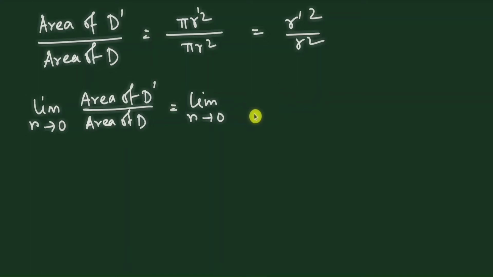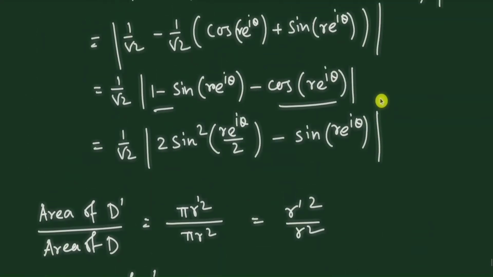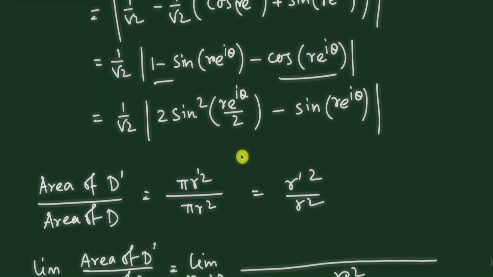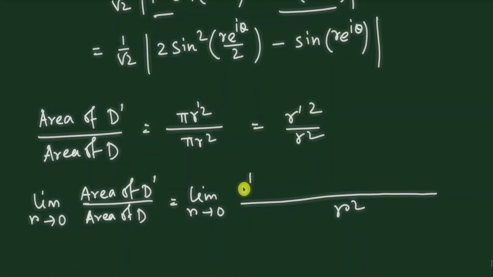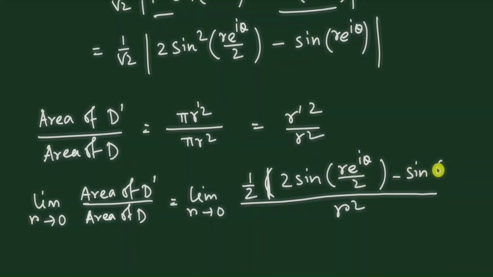Now r square we simply put in, and r dash square is 1 by 2 into this square, so we can write 1 by 2 into the mod of 2 sine r e to the power iota theta by 2 minus sine r e to the power iota theta, mod square.